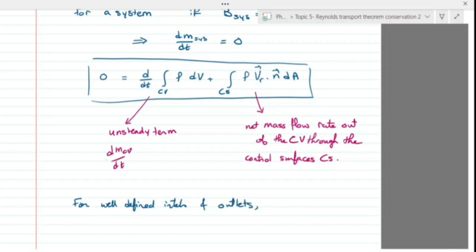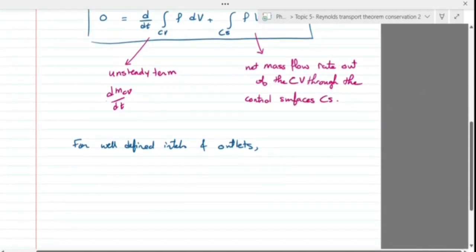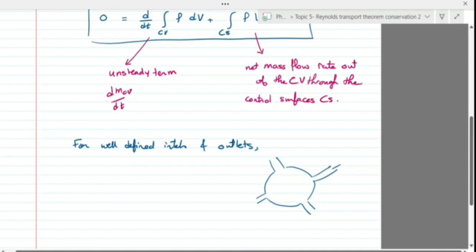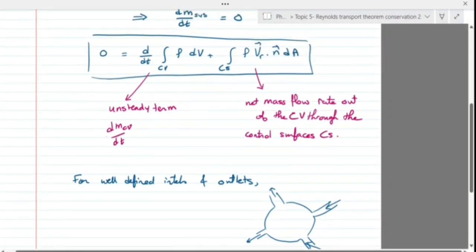In that situation, we can split the integral of the net flow rate of the mass into the different inlets and outlets that we have. So let's suppose my control volume contains these 2 inlets and 2 outlets. Then I can simply write down this integral as the sum of the inlets and the outlets flow rates.